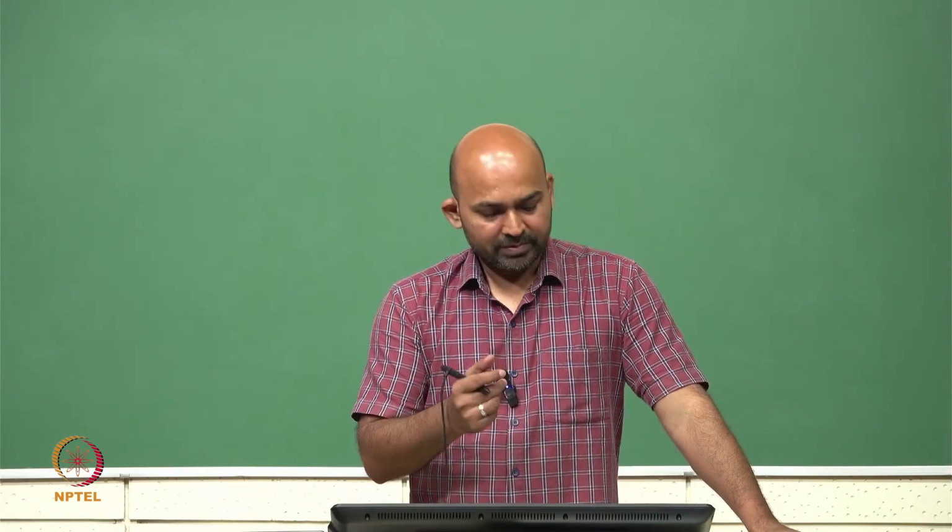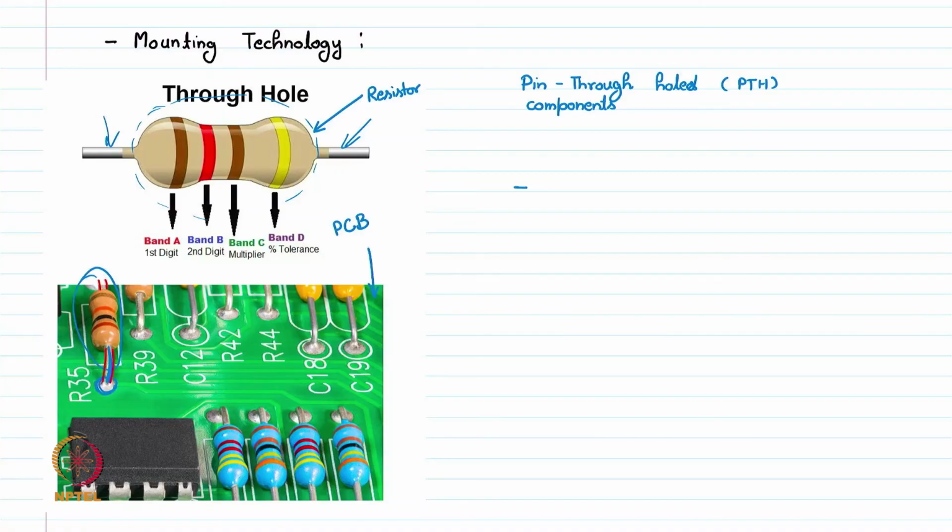These wires may be longer or shorter, but these extra wires contribute to parasitic inductance, which is undesired because we have not accounted for it in our actual design. So these bond wires contribute parasitic inductance.